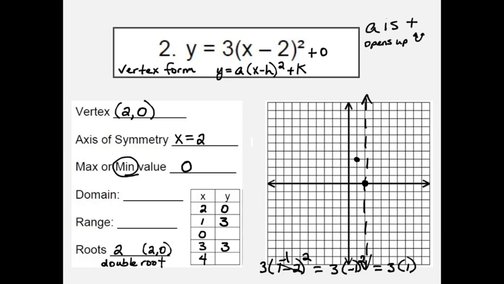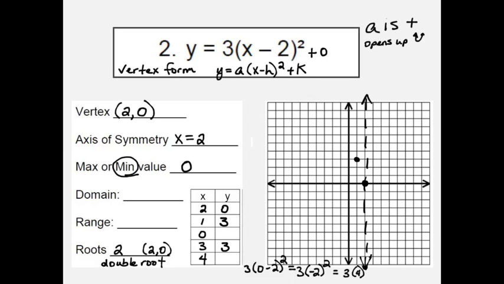Okay. Now let me erase this, and we will work on the next point. So we're going to use the 0. So we have 3 times 0 minus 2 squared. 0 minus 2 is negative 2 squared, which is 3 times 4.